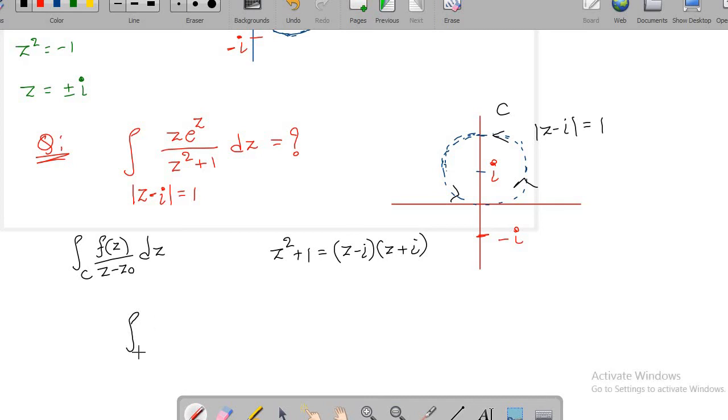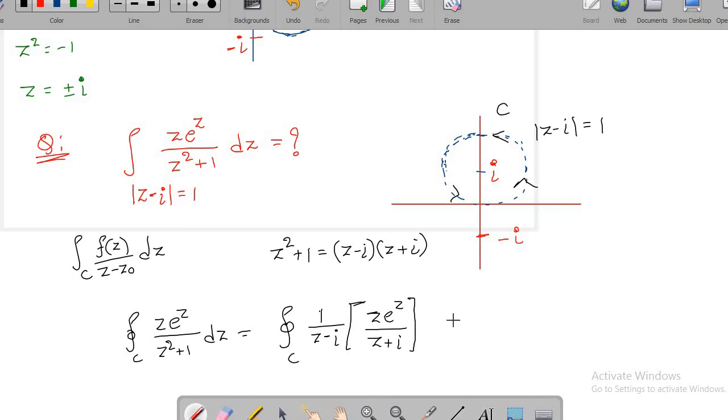This can be rewritten as the integral along C of 1 divided by z minus i, into z into e power z by z plus i, into dz.